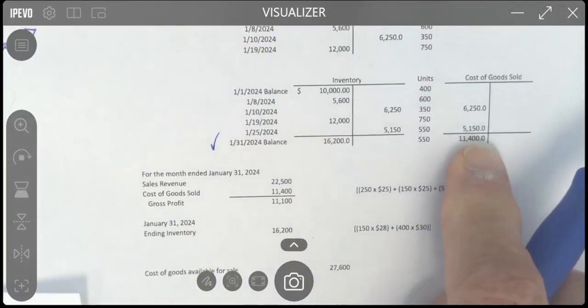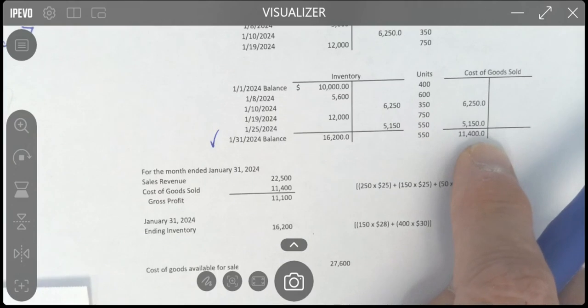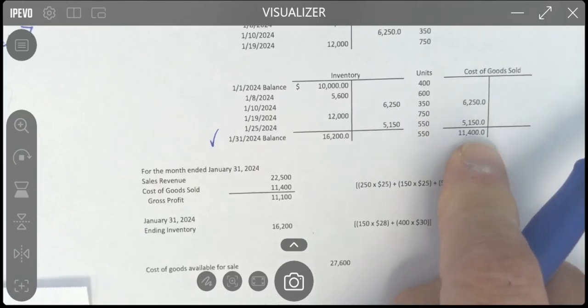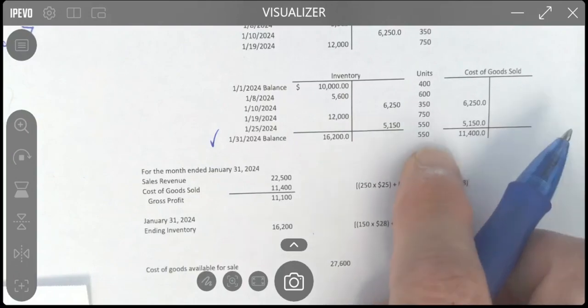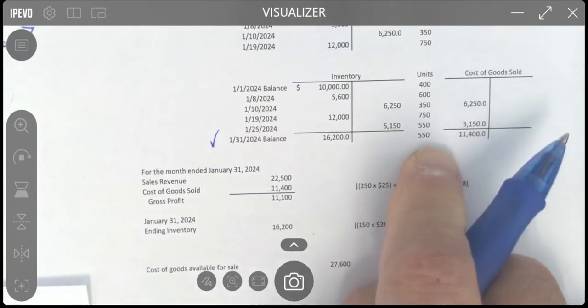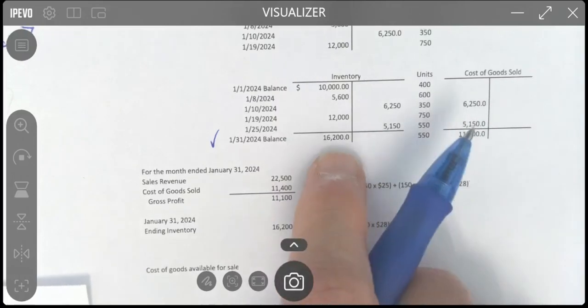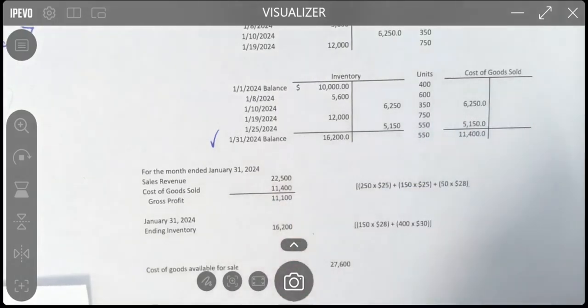And our cost of goods sold was 450 balls sold, and 550 left, and those 550 left have a cost of 16,200.